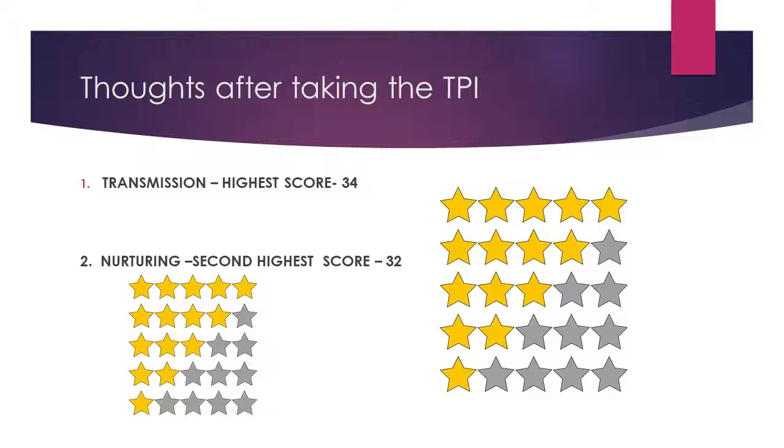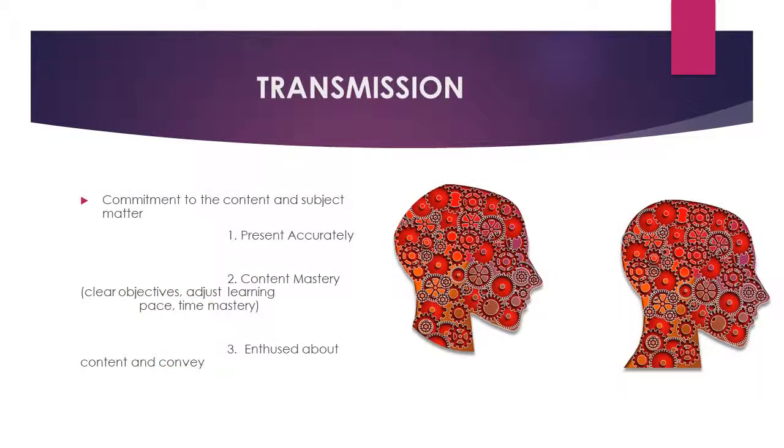I scored 34 points in transmission and 32 points in nurturing. So what does this equate to? How does this relate to my teaching practices and philosophy? Okay, let's take a better look at it.